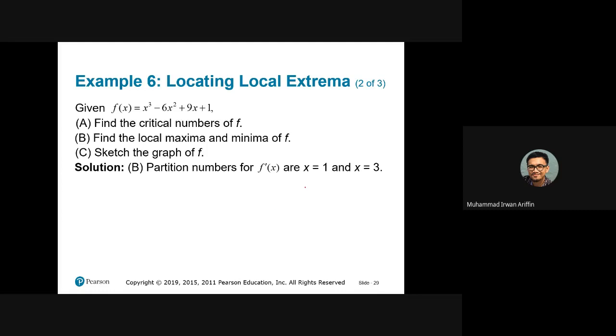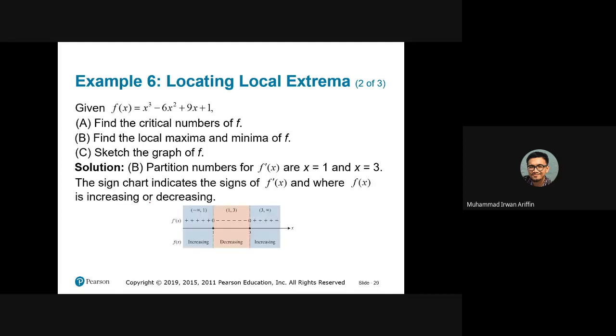So we have two partition numbers, 1 and 3. Now we want to investigate whether these two points are a local maximum, a local minimum, or neither. So we need to draw the sign chart. We put 1 and 3 here, and then we take a value.